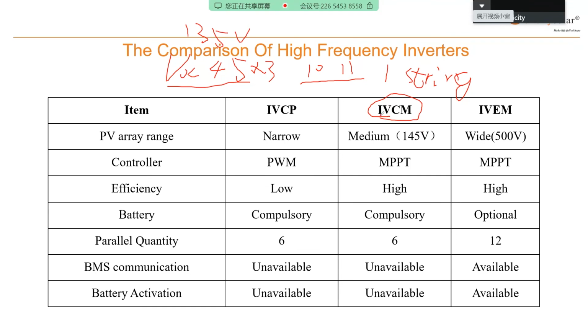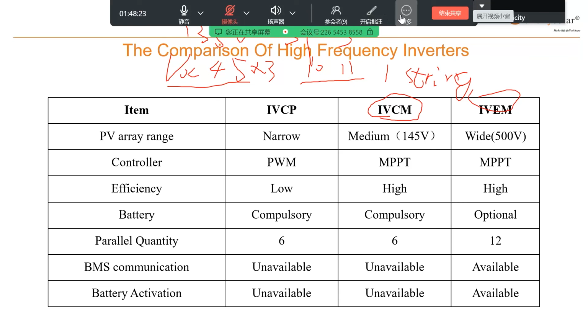So for IVCM, maximum one string only three pieces. IVEM can do 10 pieces, but this one only three. So it depends on the different MPPT specification, and you need to confirm this.